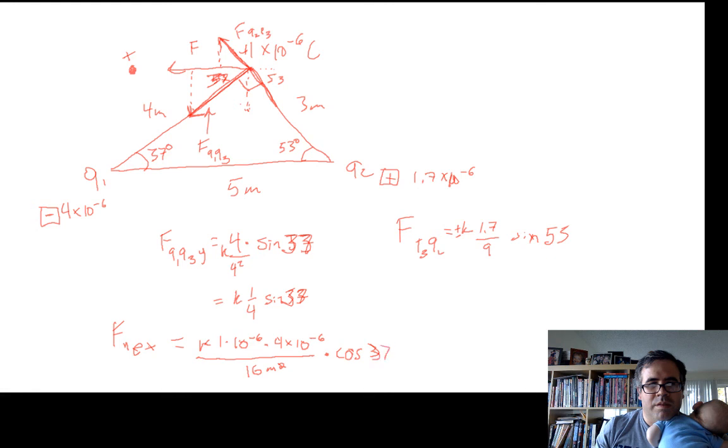And then we have to add this one. And just make these positive. Since we're looking for the magnitude, just make it all positive. Times 10 to the negative 6 times 1.7 times 10 to the negative 6 all over 9.